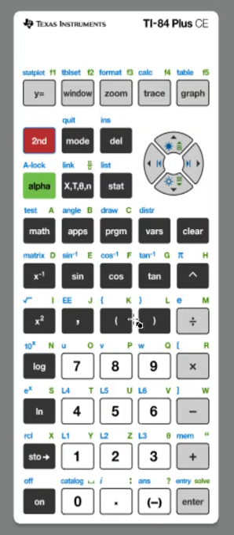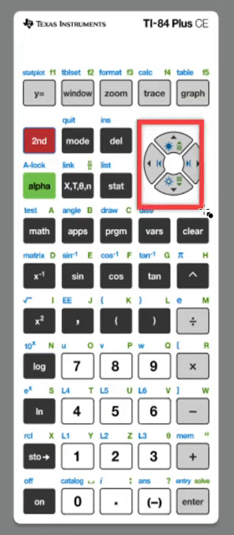And then alpha is green. Notice that a lot of these also have green characters above them. That's to use alpha characters specifically for typing, accessing variables which are named with a letter. We have our arrows over here, which allow us to navigate in our menus and on our screen. We'll talk about that in another video.